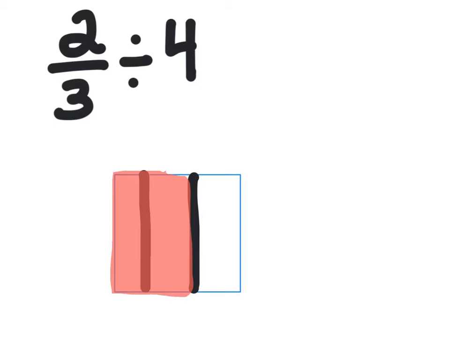Then I decide I'm going to share what I have with 4 people. I'm going to divide it. So my whole number is going to tell me how many rows I'm going to make. Therefore, I'm going to make 4 rows. 1, 2, 3, 4.